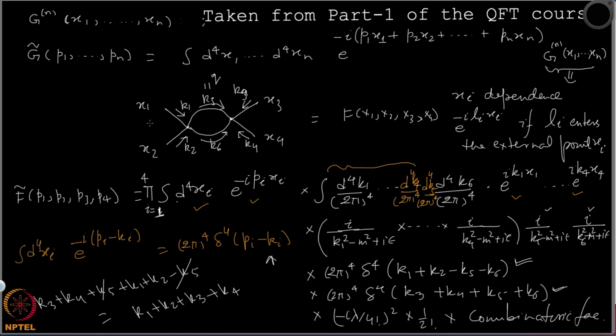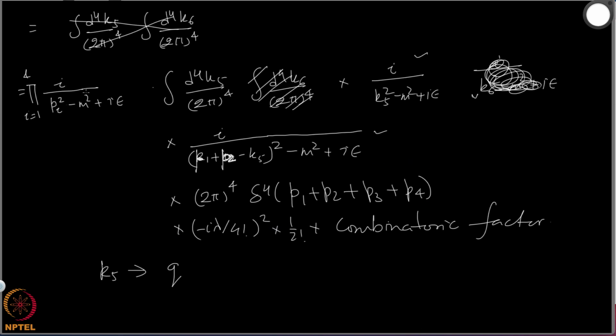Okay. So if instead of this 4-point function, I was looking at a 2-point function, any diagram which contributes to a 2-point function, then if you repeat the same steps, at the end you will have all these propagators, in this case 2 propagators, and then apart from other things you will have a 2 pi to the 4 delta 4 of q1 plus q2.